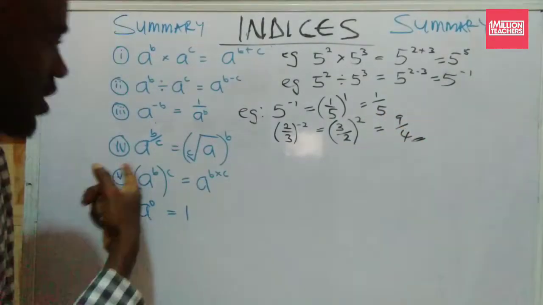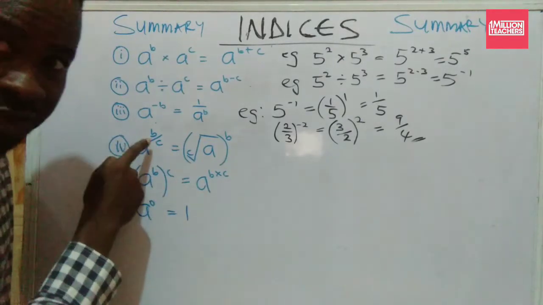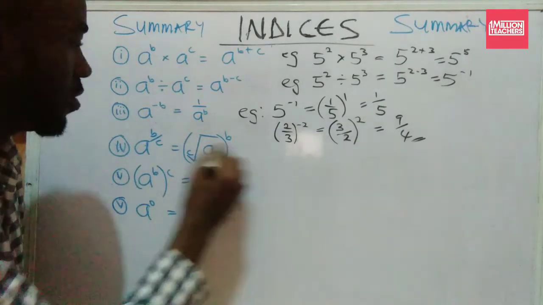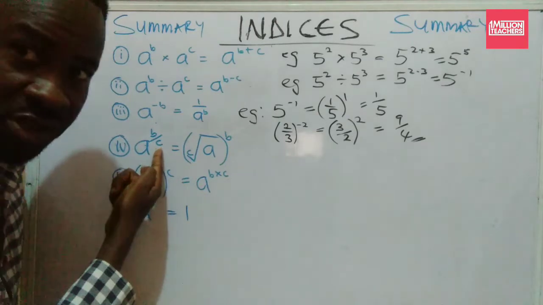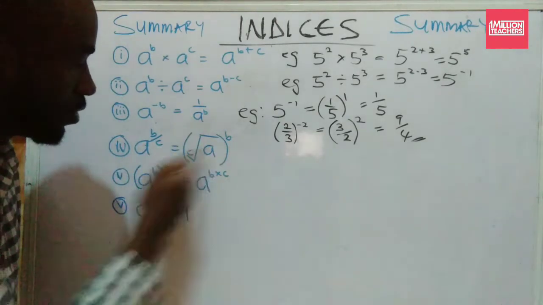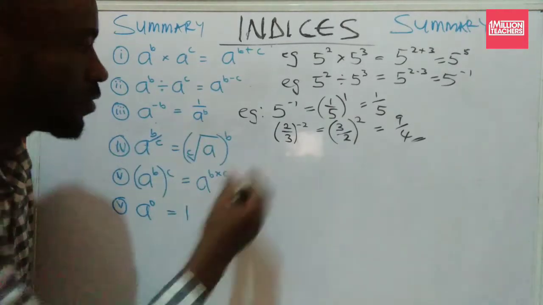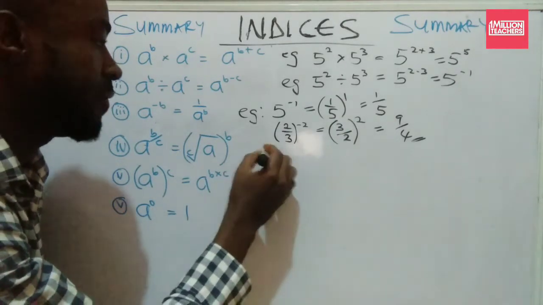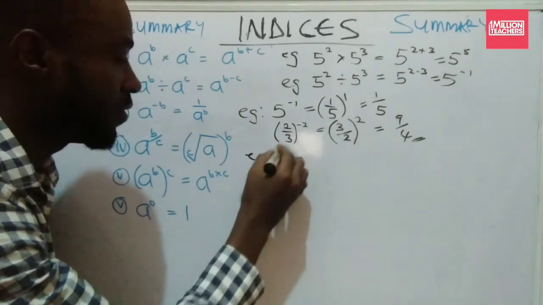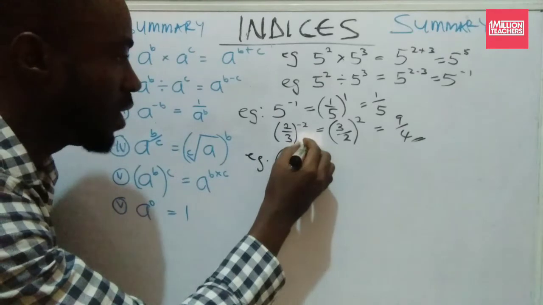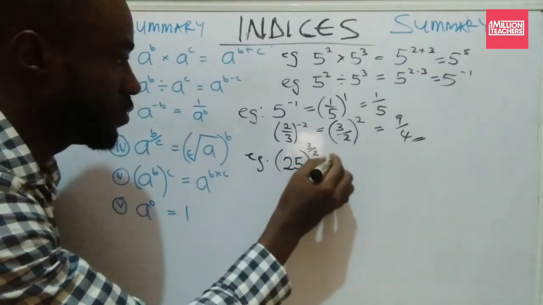Okay, now let's look at this fourth one. This fourth one is the fractional law. You can see the power is a fraction. This fractional law says anytime the power is a fraction, the denominator of that power becomes the root of the base, and the numerator becomes the power. So for example, if I have 25 raised to the power of, let's say, 3 over 2.